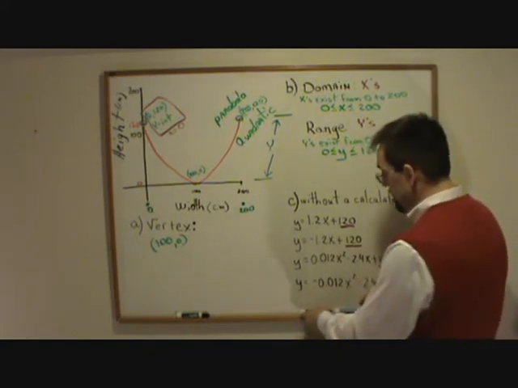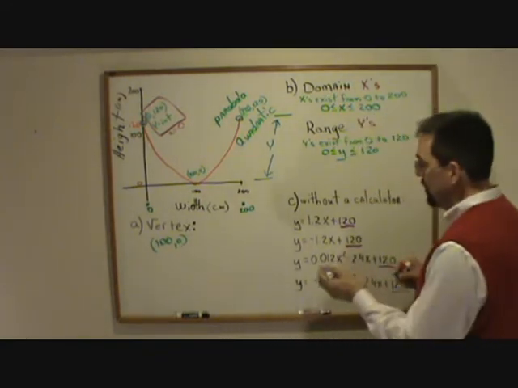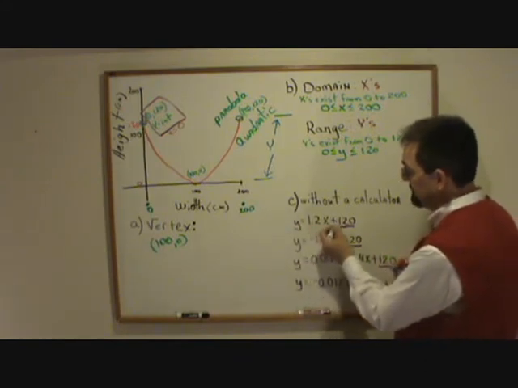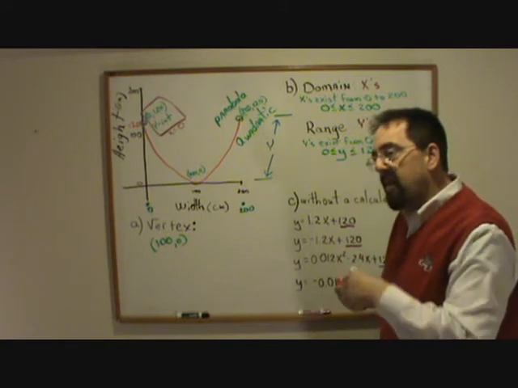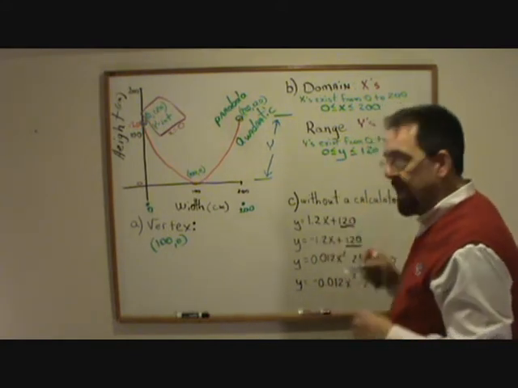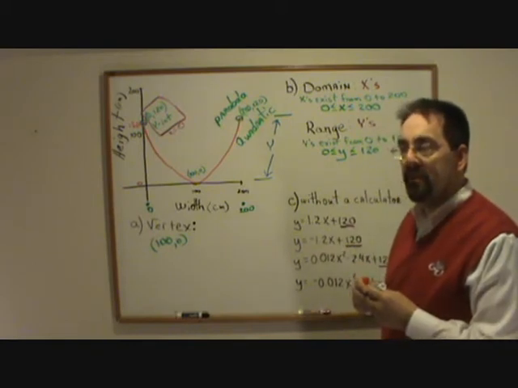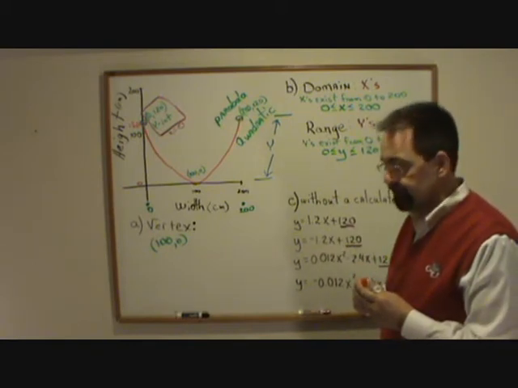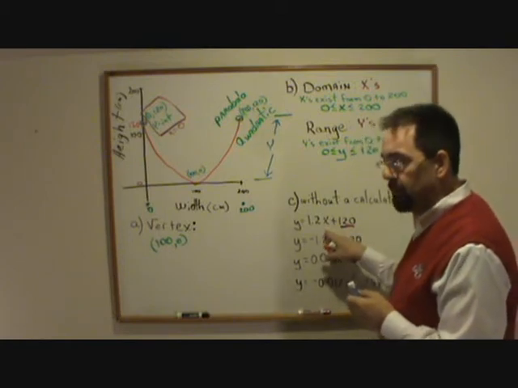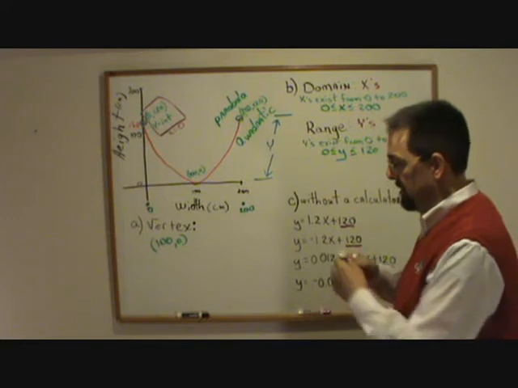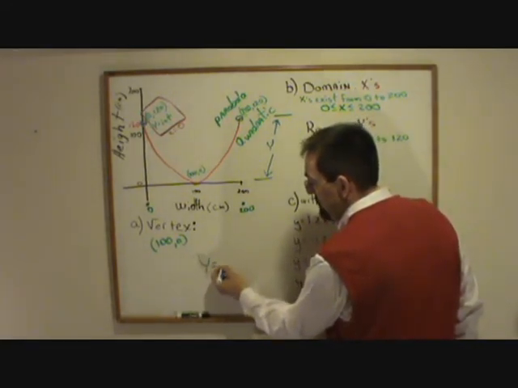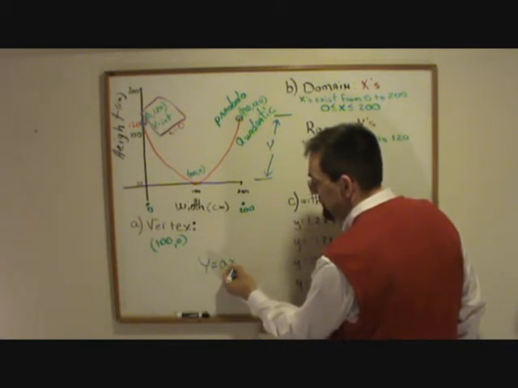Okay, let's look at the next thing. When we see an equation, y equals 1.2x plus 120, let's try to think back a couple lessons. What type of a shape does that equation give us? We have a single variable. It's not raised to a power. Do you remember this? Y equals ax plus b.